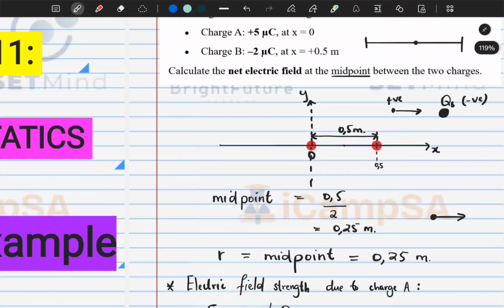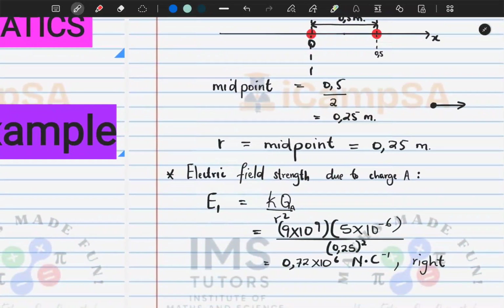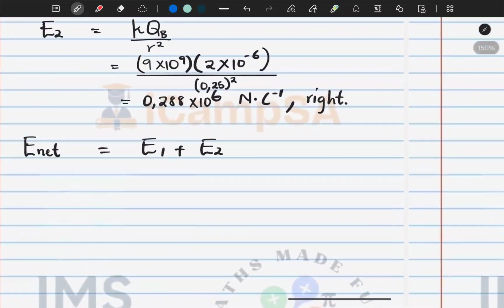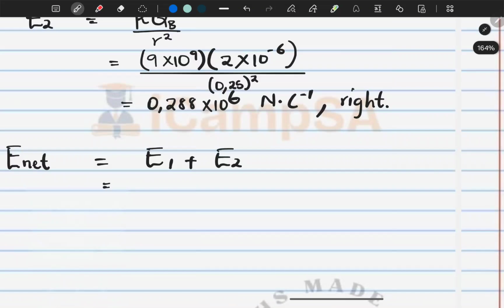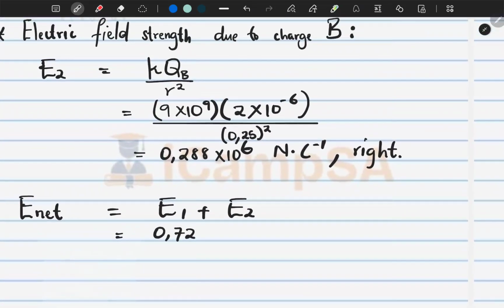Let's start with E1. E1 is to the right, so we put it as positive, 0.72. E2 is also to the right, fortunately, so it's positive, 0.288. All of this times 10 to the power 6.